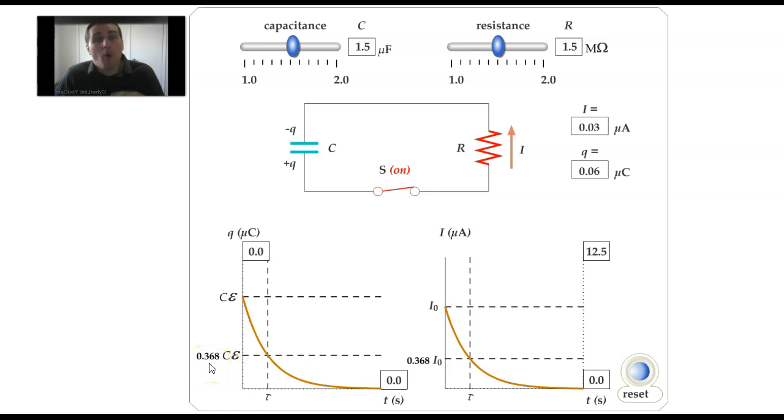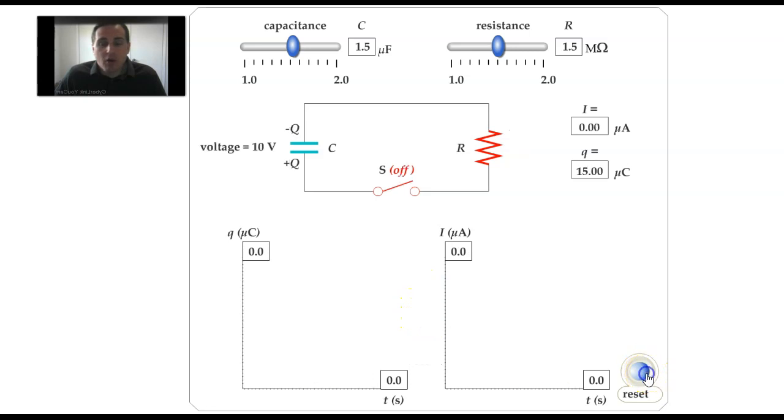So 1 over Euler's number, the natural exponential. So this is discharging a capacitor. Also notice that the maximum value of the charge on the capacitor was originally C times capital epsilon. And notice that that's exactly what the voltage of the battery was. And notice that the maximum current was I0.